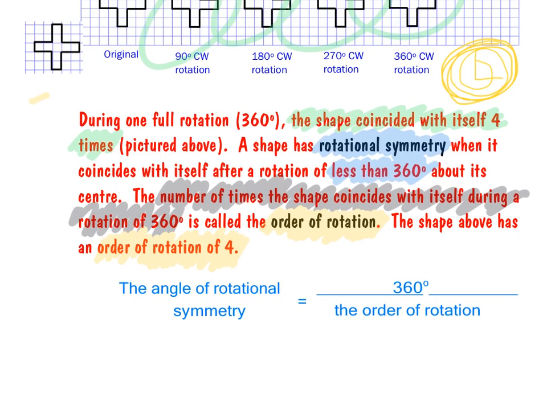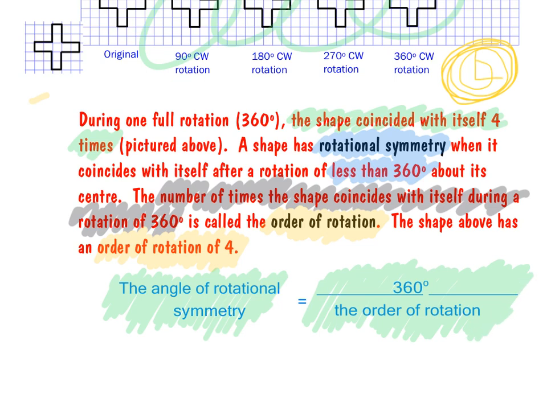Now here, there's also a very important relationship for us, and that is this. I'll get my highlighter out, not my pen. There we go. To find the angle of rotational symmetry, it's always equal to 360 degrees divided by the order of rotation.